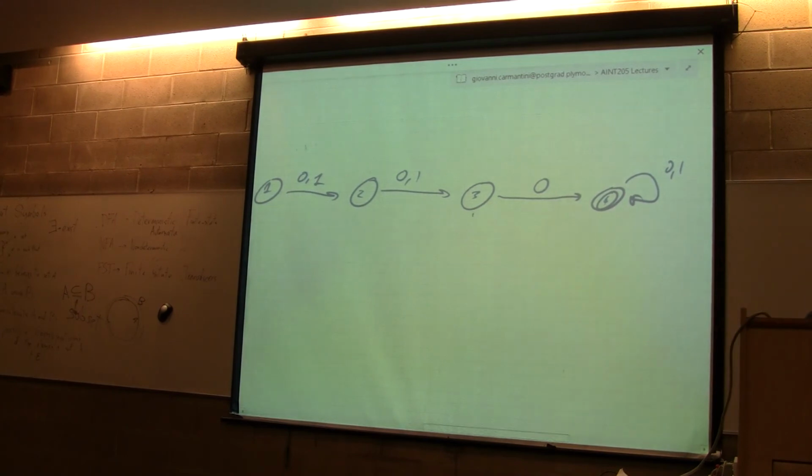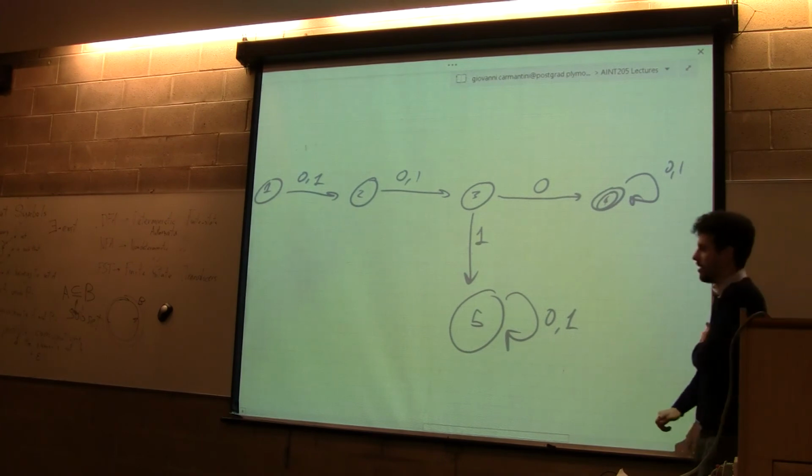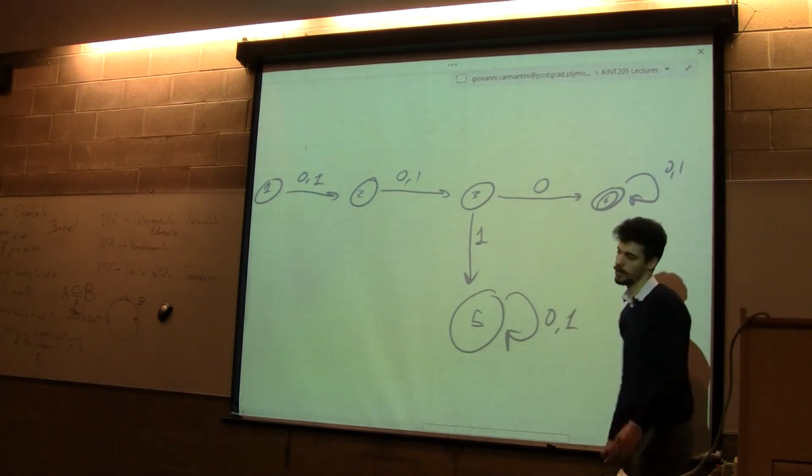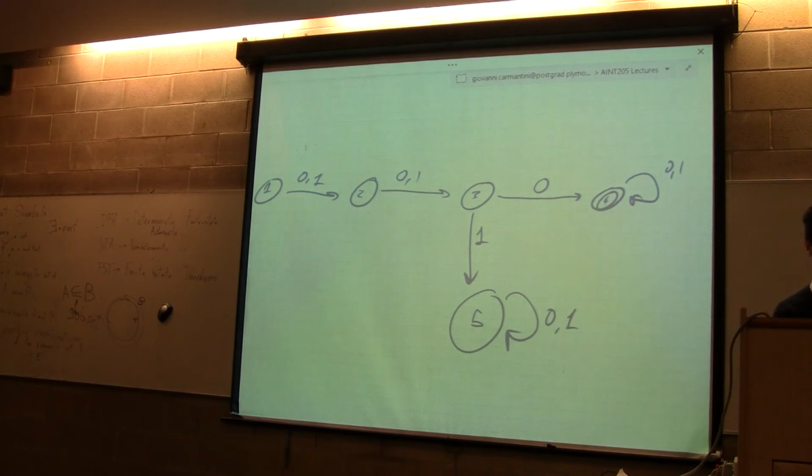Of course, here we cannot forget that if the third symbol is not 0 but it is 1, then we cannot accept. Okay, so we stay here forever. It's a dead state, a sink state, a state which is not accepting, and you are stuck there forever.